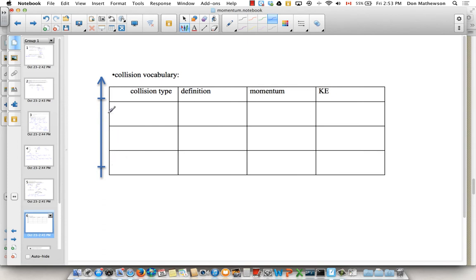There are the so-called elastic collisions. This is where the objects bounce off and there's no thermal energy created.